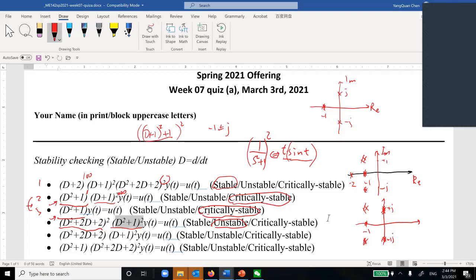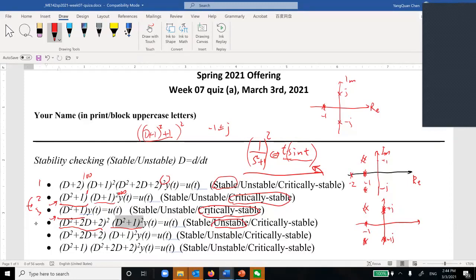The distinguishing case is when you have a complex conjugate pair of poles on the imaginary axis with more than one multiplicity, then it is unstable. In this case, it's unstable.